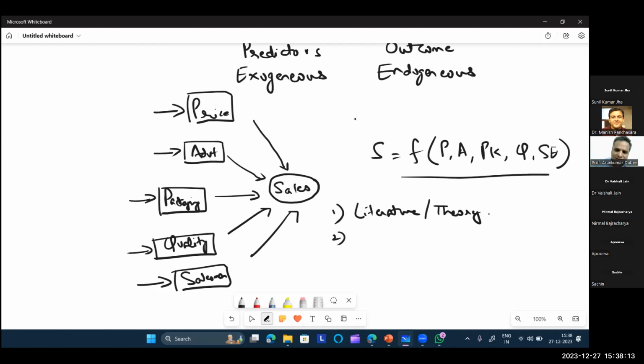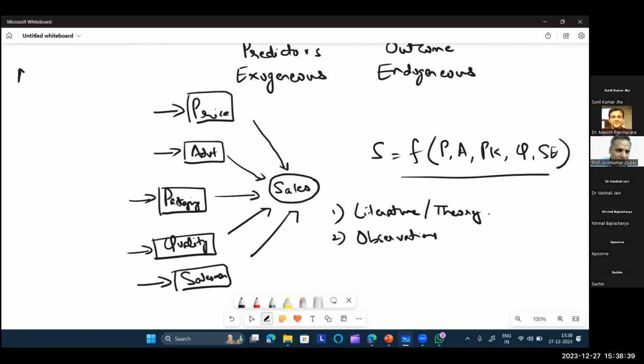Anything else? How do you build a model other than literature and theory? There is something known as observation. People do observations. Now you may build a model based on your understanding, or a model which is data driven.